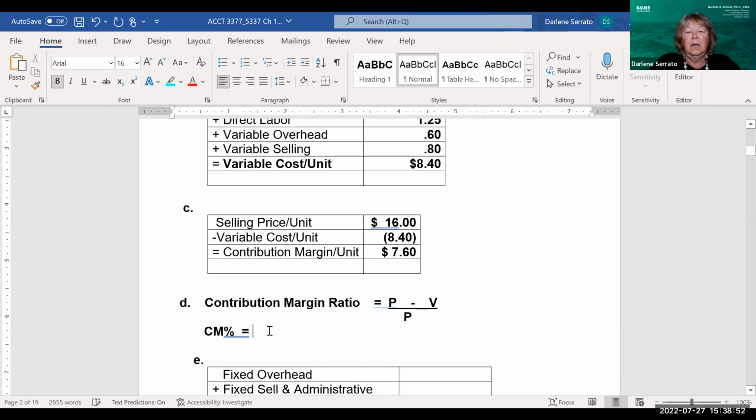Contribution margin percentage: P of 16 minus V of 8.40, divided by P of $16, equals 0.475. Okay.